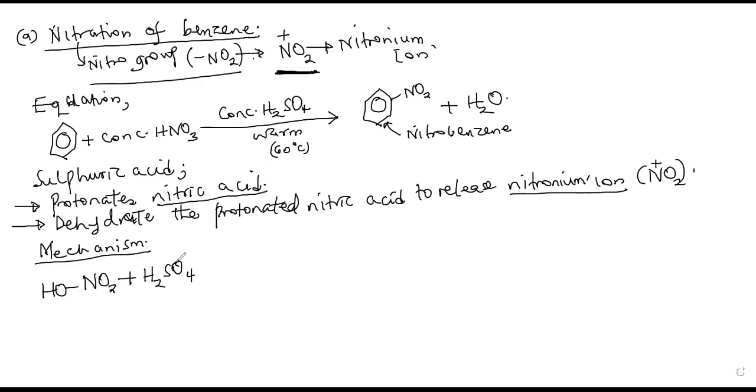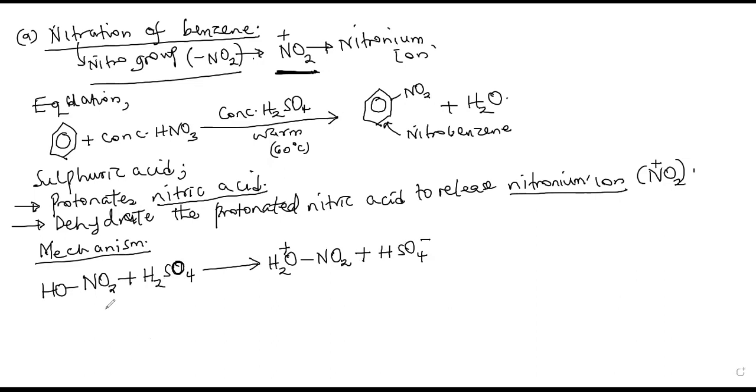Sulfuric acid is there to protonate. Protonation is adding a proton. So here we shall have H2O plus, because by adding a proton we are forming H2O plus, then NO2. Remember one hydrogen has been used to protonate, so we now have the hydrogen sulfate ion.